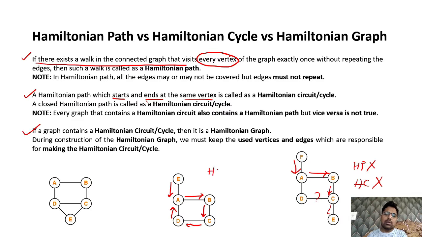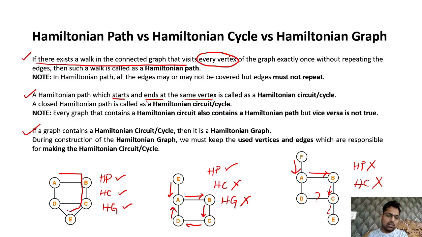Here the Hamiltonian path is possible, not an issue. That's why we are trying for the Hamiltonian cycle or circuit, where it is not possible. In this other case, the Hamiltonian path is possible, the Hamiltonian circuit or cycle is also possible, and the Hamiltonian graph is also possible. In this order only. Clear?